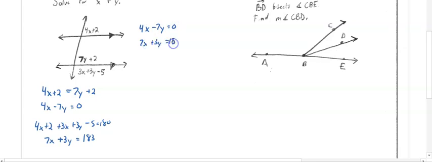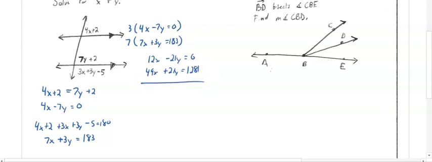To get a variable to cancel out, I'm going to multiply the first equation by 3 and the second equation by 7. So I get 12x minus 21y equals 0, and 49x plus 21y is equal to 1,281. So when we add straight down, we get 61x equal to 1,281.